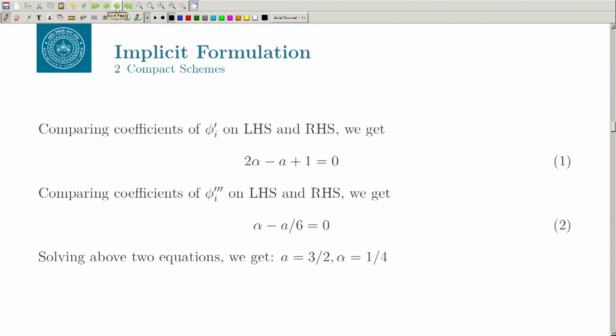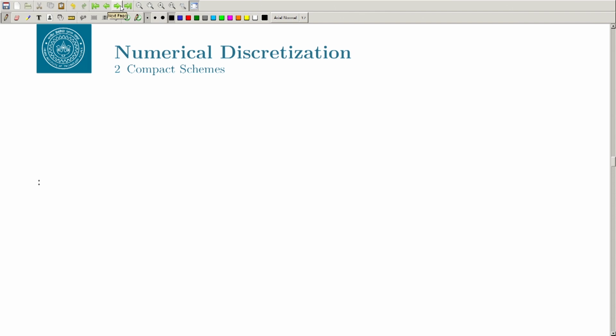So, if you compare the coefficients of phi I prime, okay, let me just do it for you. You have alpha phi I minus 1 prime plus phi I plus 1 prime, alpha will be A by 2h, okay, phi I plus 1 minus phi I minus 1, right.